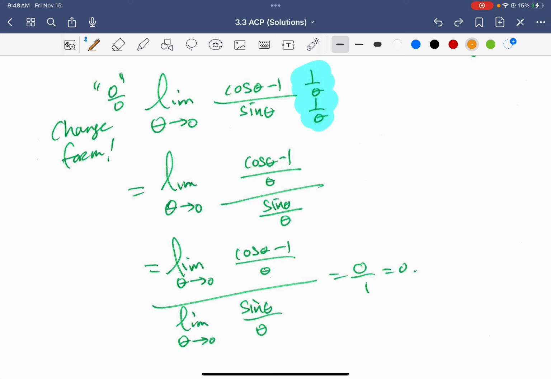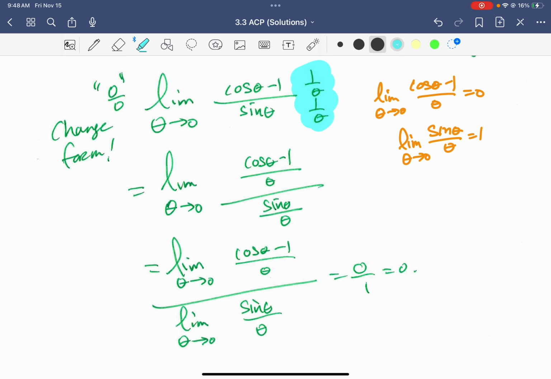So by having those limits memorized, that this goes to 0 and this goes to 1, I can look through those things I have memorized, and it helps me to do this problem. So I recall that those are true.